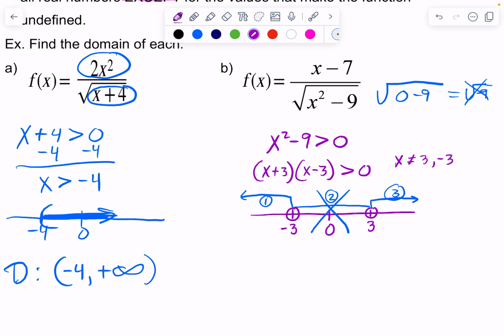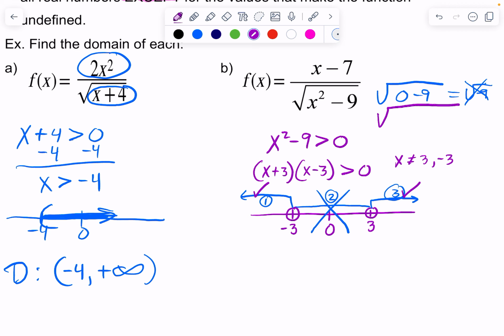Immediately, we do know now that zones 1 and 3 work. So if the middle zone does not work, the outer zones do work, and vice versa. But let's prove that zone 1 does work. Let's go ahead and choose an x value of negative 4.